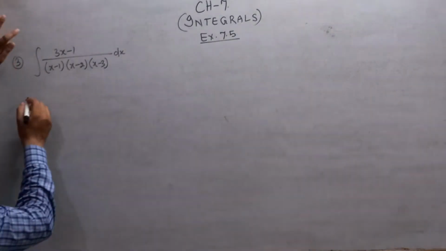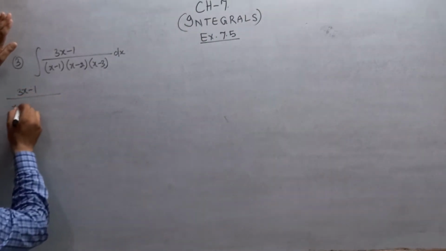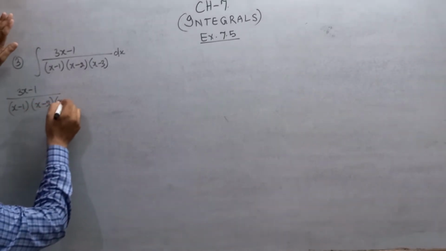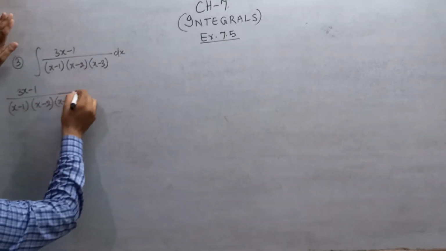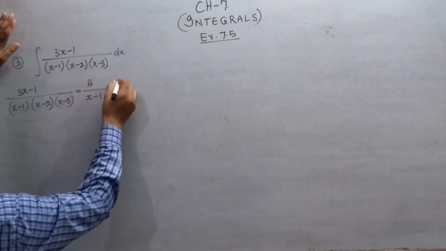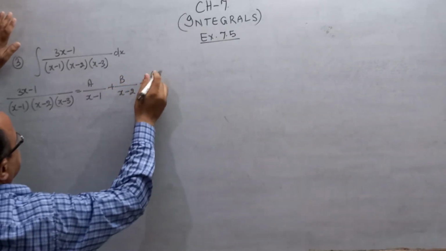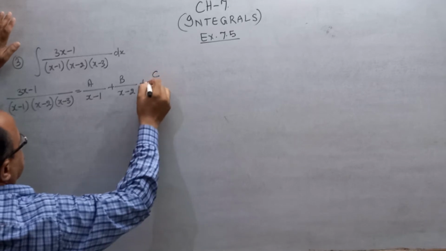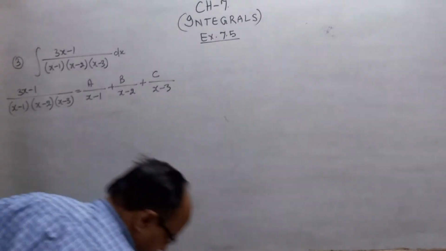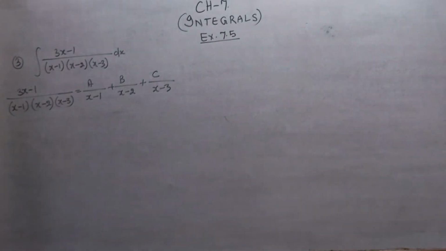And you can write like this, 3x minus 1 upon x minus 1, x minus 2, x minus 3. You can write a upon x minus 1, b upon x minus 2, c upon x minus 3. Clear? This type you can write like this.